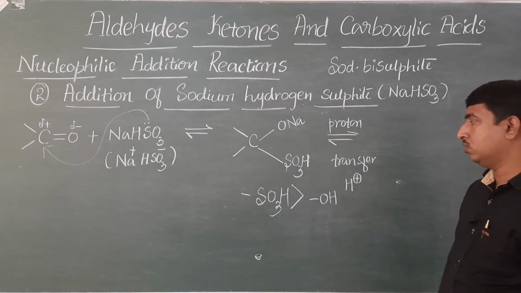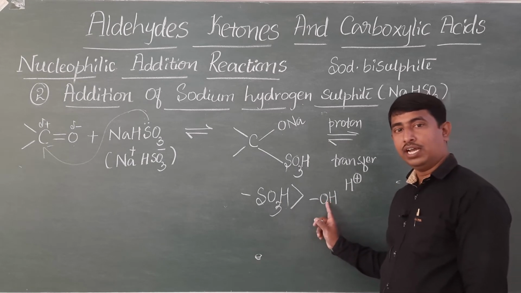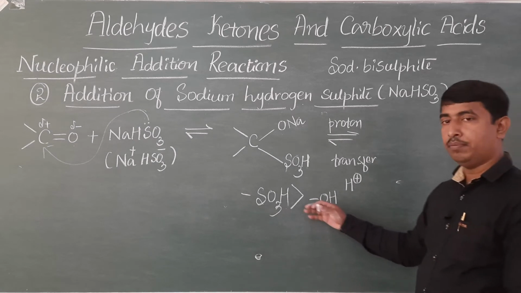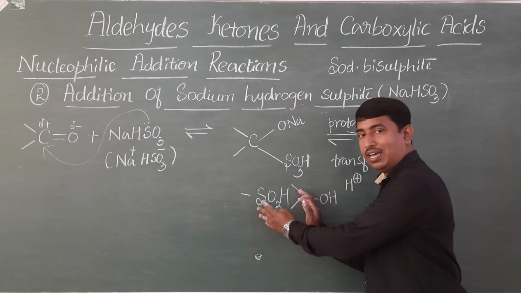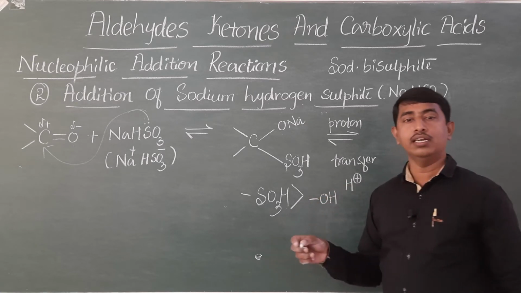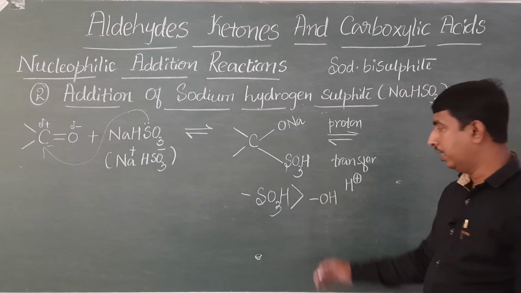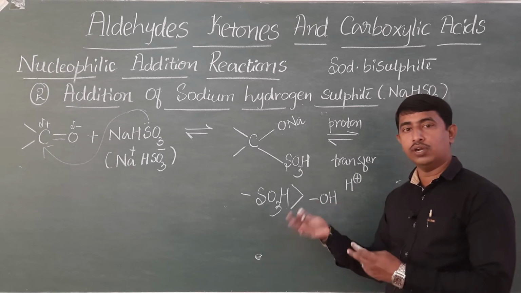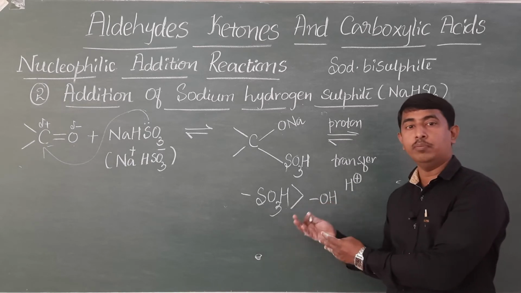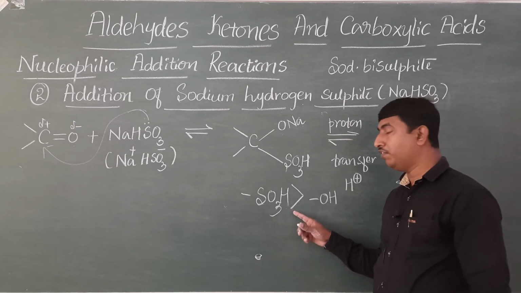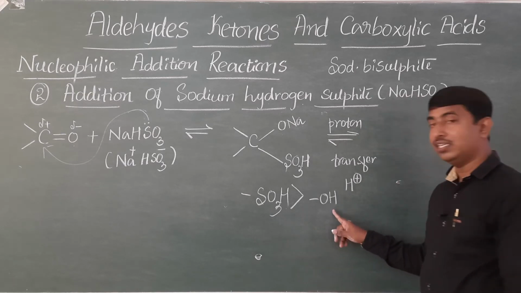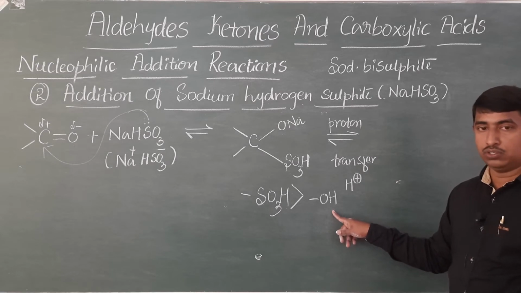So, if we take a strong acid and a weak acid, and to these acids we add a base simultaneously, so in one beaker I have a stronger acid and in another beaker a weaker acid, and to both beakers I add a strong base, sodium hydroxide, at the same time, then salt formation takes place rapidly with the stronger acid, whereas the weaker acid will form salt at a slower rate.